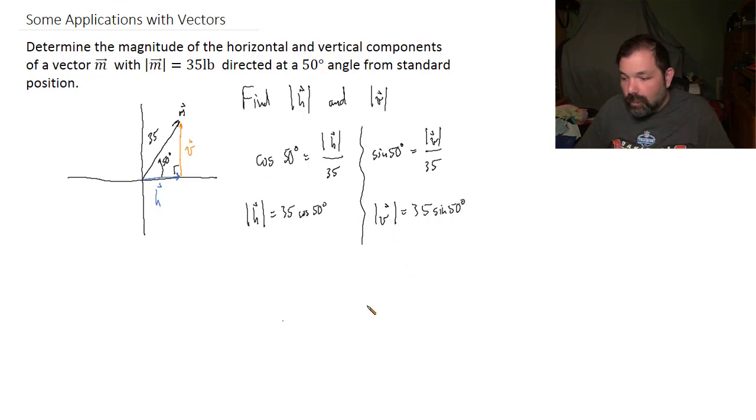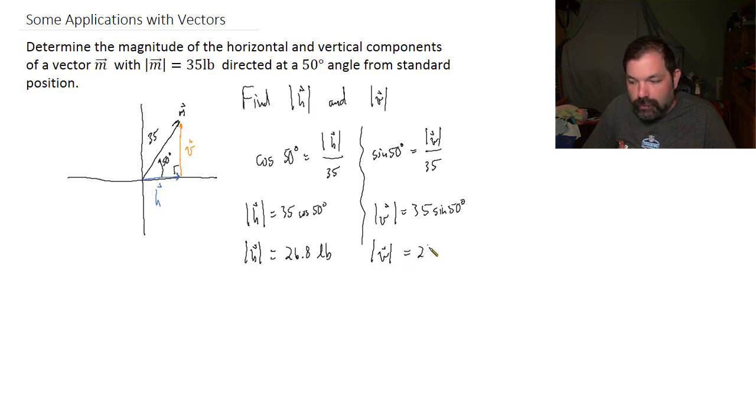And so now we can just use a calculator at this point. If we round to one decimal place, I found that the magnitude of the h vector is 26.8 pounds. We assume it has the same units as the magnitude of the m vector, and the magnitude of the v vector is 22.5 pounds.